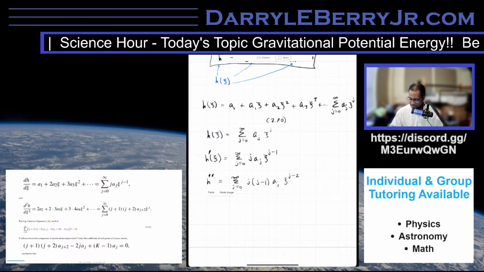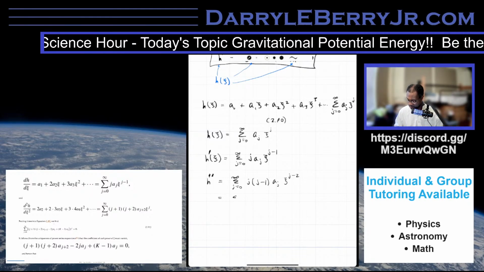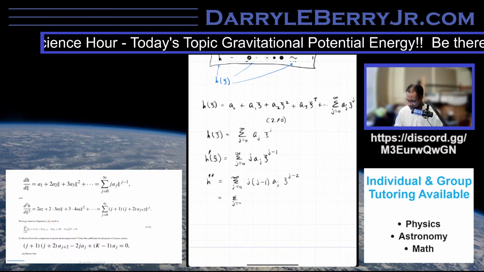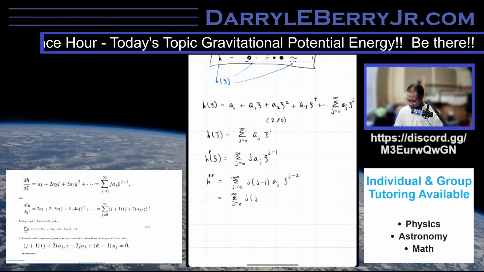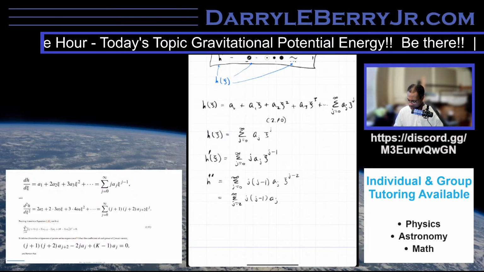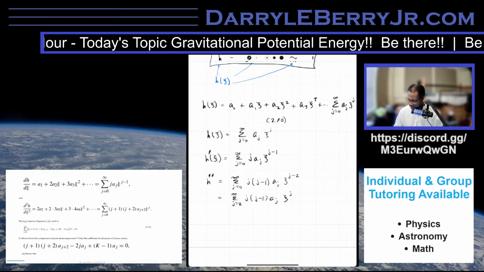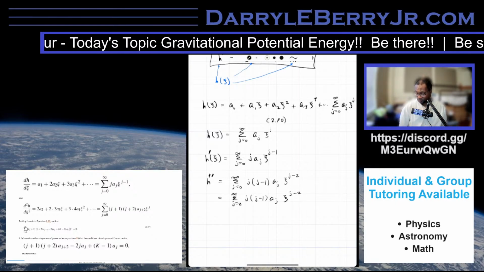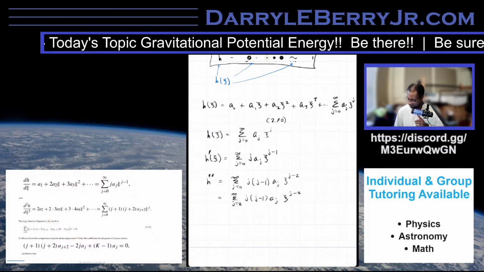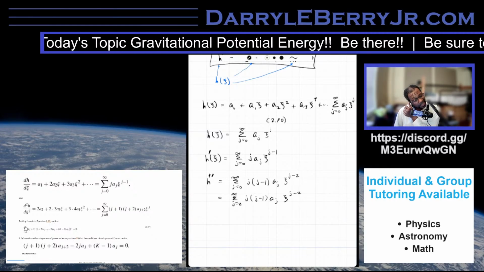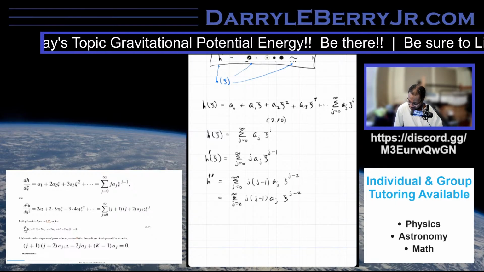So we can say that this is j equals 2 to infinity, j minus 1, a j minus 2. What we need to do now is get the exponent to be the same.